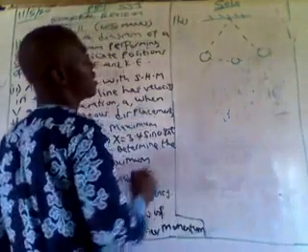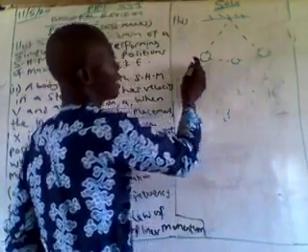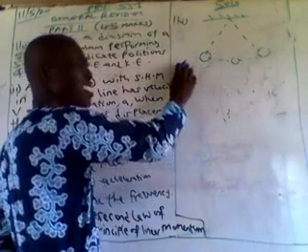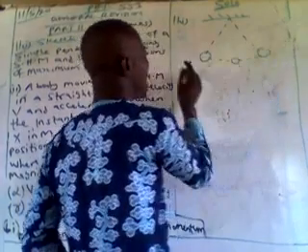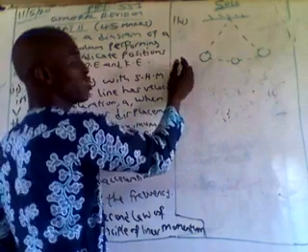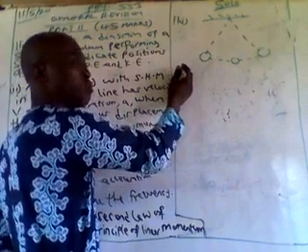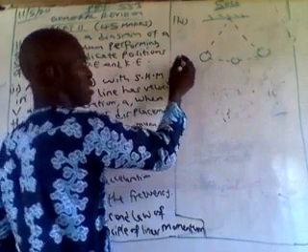As you know, at this particular point, the time the bob is at this side, it's going to rest a little before coming to this side. So at the point where it's going to rest, it's going to possess maximum potential energy.